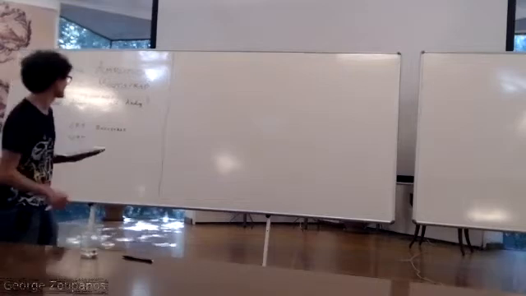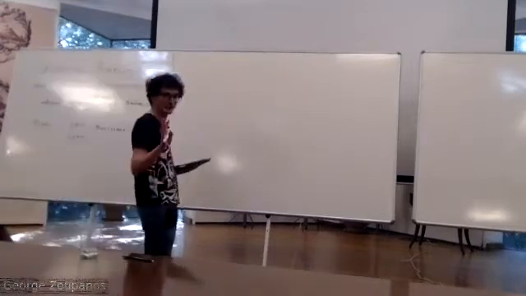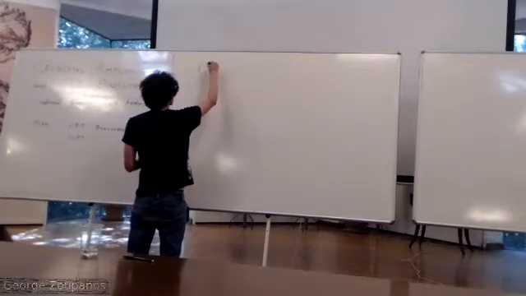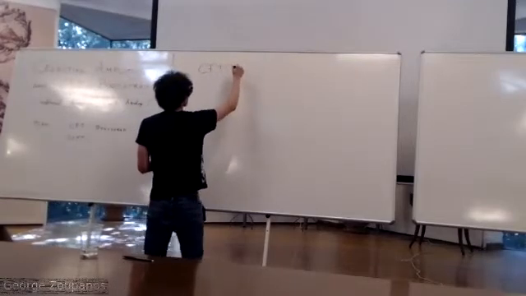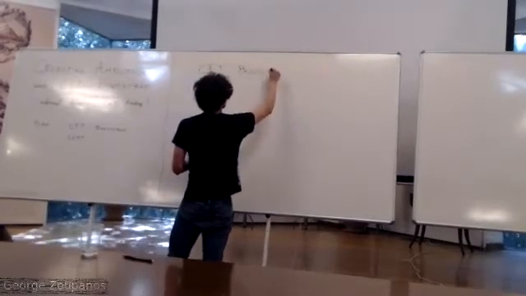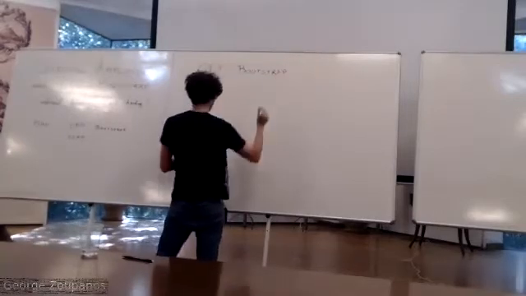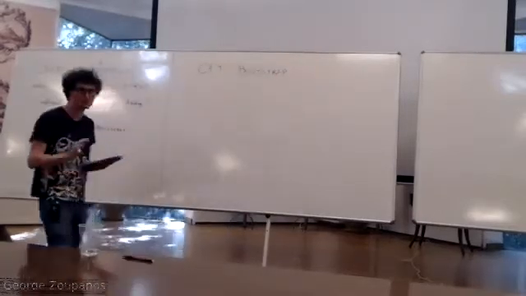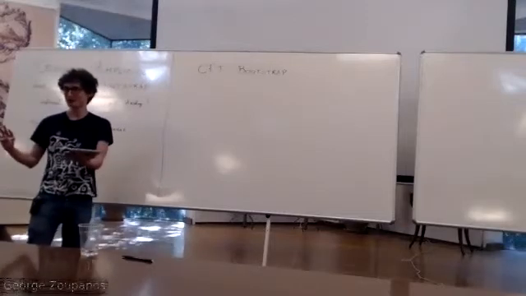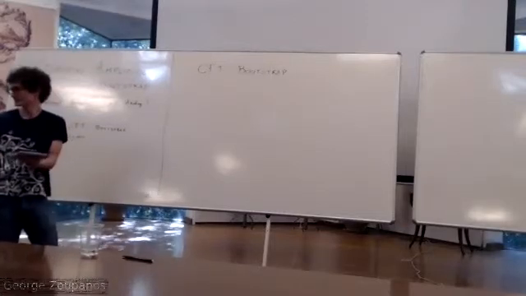So I'll start by reviewing quickly what the CFT bootstrap is. What is the CFT bootstrap? The main idea is that it is some axiomatic way to define or solve CFTs.